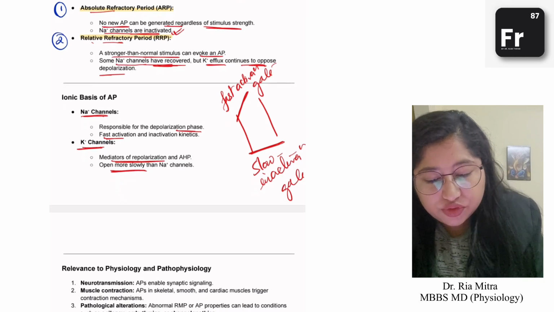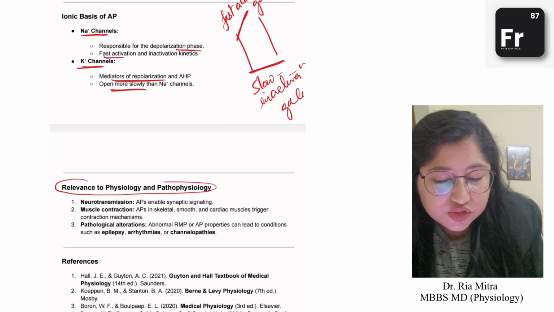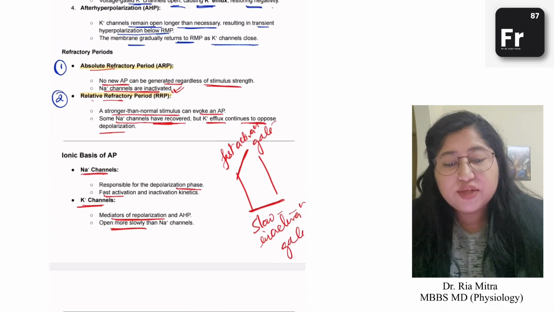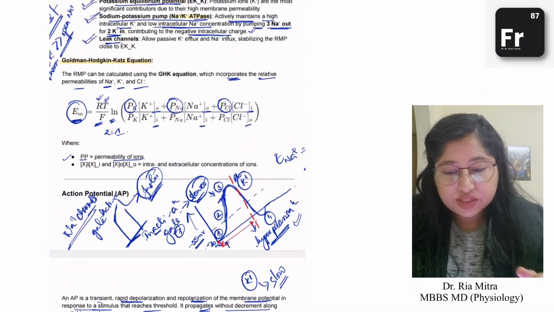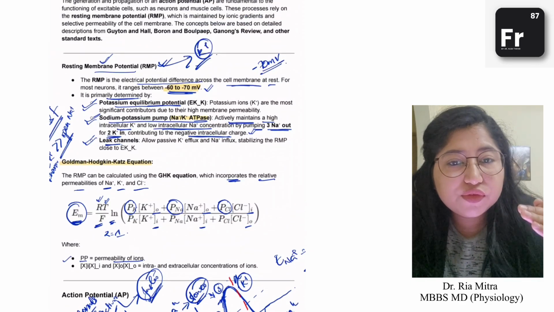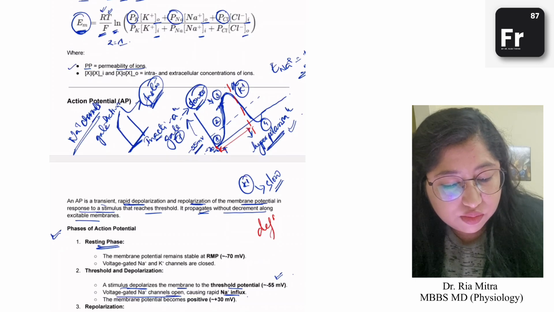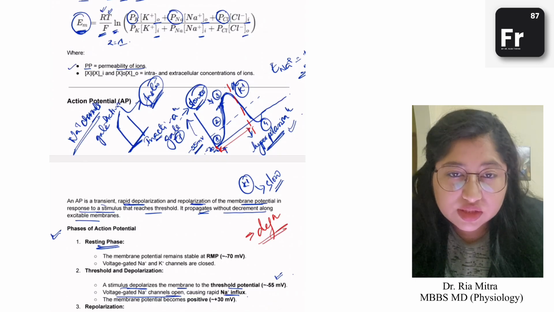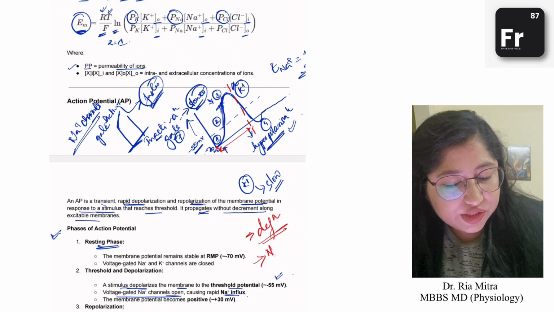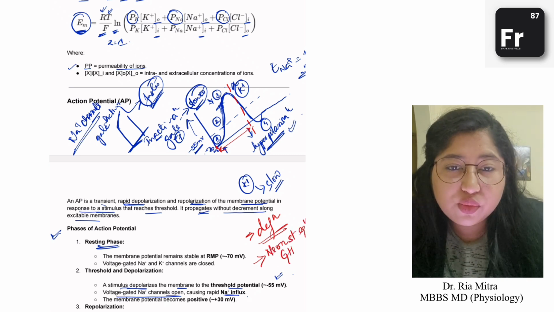Now, quickly coming to the relevance of action potential and resting membrane potential to physiology and pathophysiology. Whenever you get a question on action potential or resting membrane potential, you know the headings you have to cover it under, right? You first have to define what is action potential or resting membrane potential. Then you have to discuss the Nernst equation and the Goldman-Hodgkin-Katz equation.